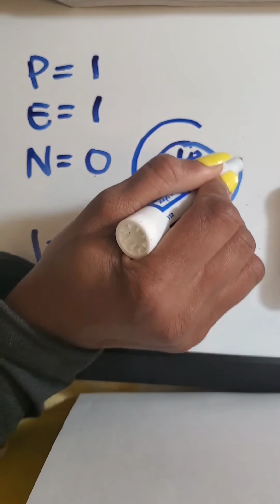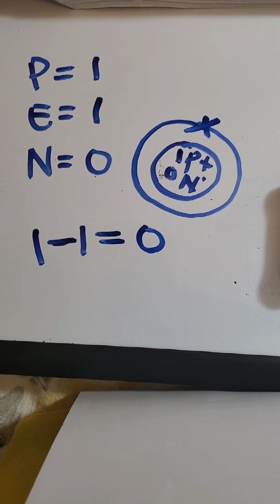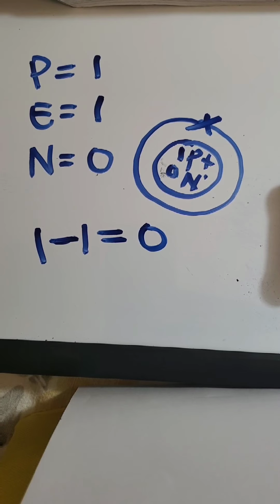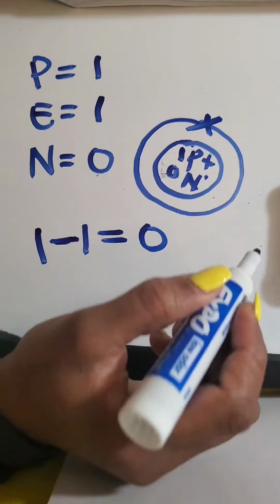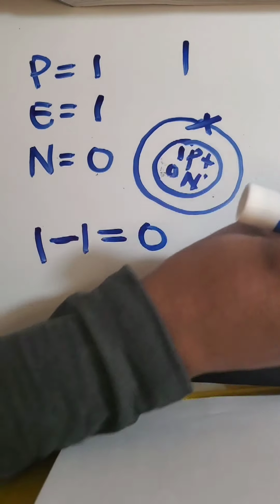Now our electrons go on our shell. We only have 1, so we just put 1 electron on that first shell. The first shell is the one closest to the nucleus. We just represent that as 1.